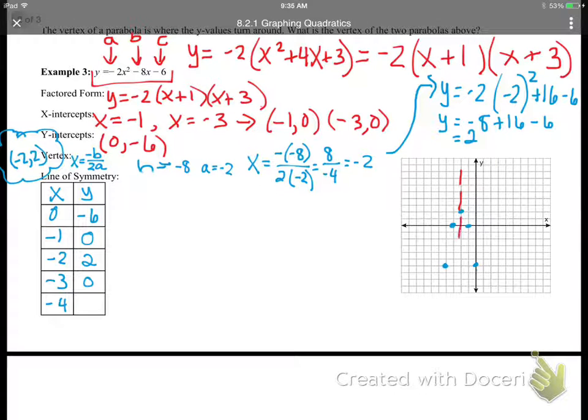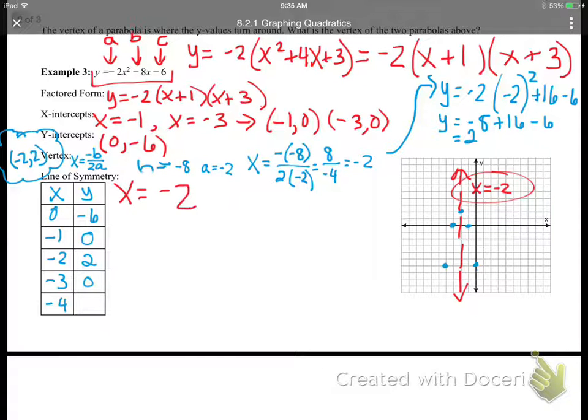Now, this line cutting down the middle of my parabola that cuts it exactly in half, that's the line of symmetry. And it's just a vertical line, so we know that vertical lines are always x equals lines. And the x value that's true along that entire dotted line is negative 2. So my line of symmetry is x equals negative 2.